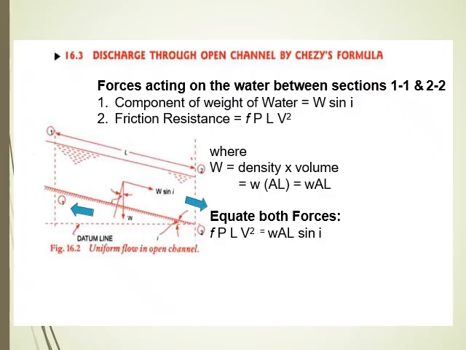The weight is equal to density into volume, where the density is rho and the volume is area into the length of the flow. We are equating the two forces: one is the weight of water acting downward, the other is the frictional resistance. So f P L V squared is equal to w A L sin i.